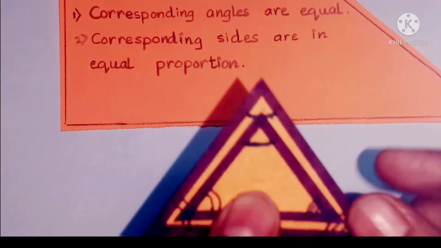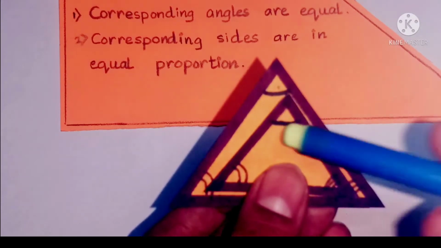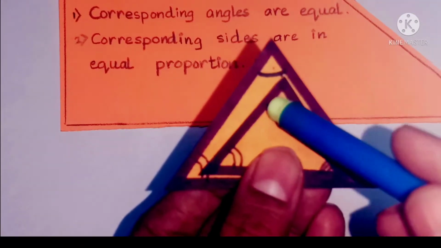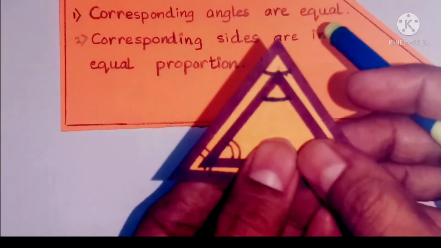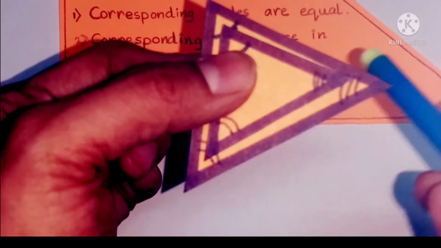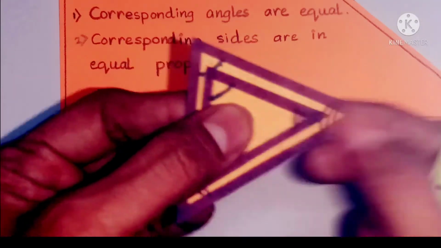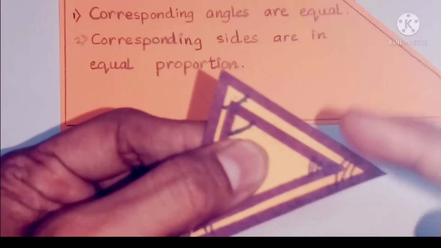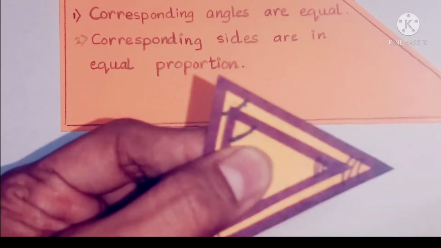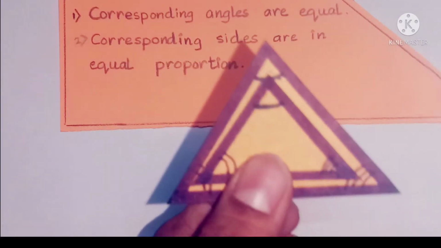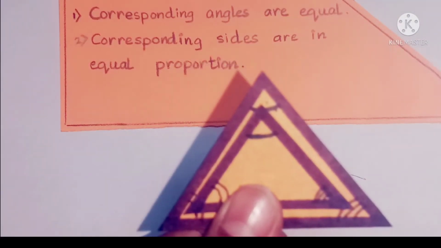Let me see about corresponding sides. This side is the corresponding side to this side, this base side is the corresponding side to this one, and this side is the corresponding side to this one. So we have learnt about the corresponding sides and corresponding angles.